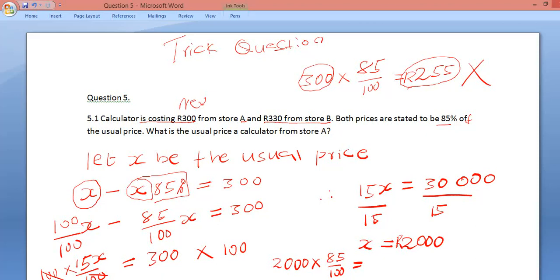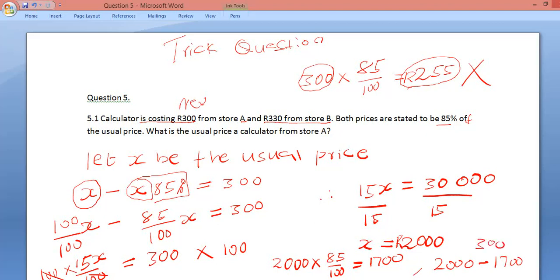So 85% of 2,000 is 1,700. So this 1,700 is what was reduced. So what will be the new price? The new price will be simple: 2,000 minus 1,700. So that gives us 300.